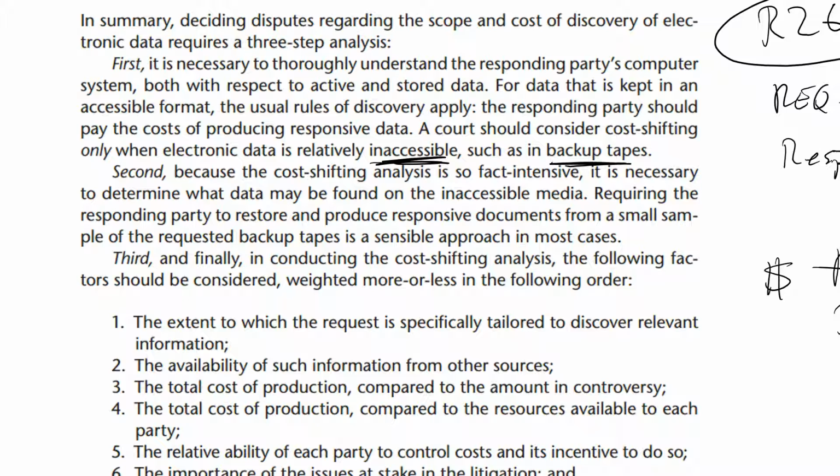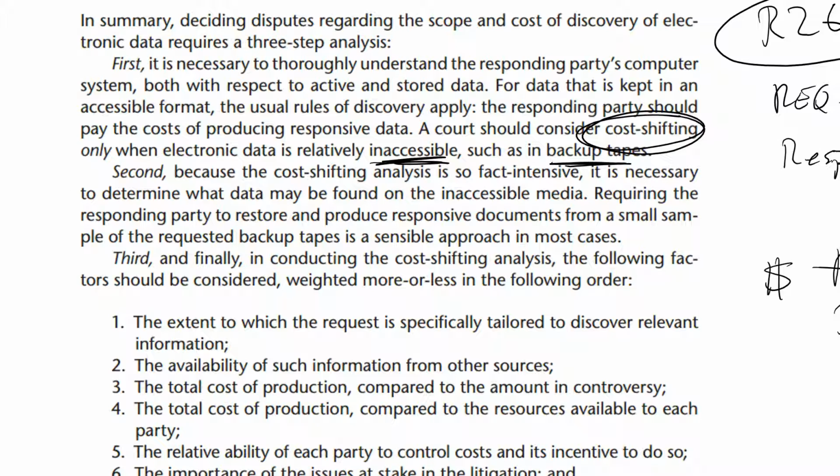Now it becomes difficult, right? It might be accessible, but not easily accessible, right? It's not reasonably accessible. In such a circumstance, the court has a variety of options. It might limit or prevent the discovery. It might allow the discovery and share or shift the costs, right?